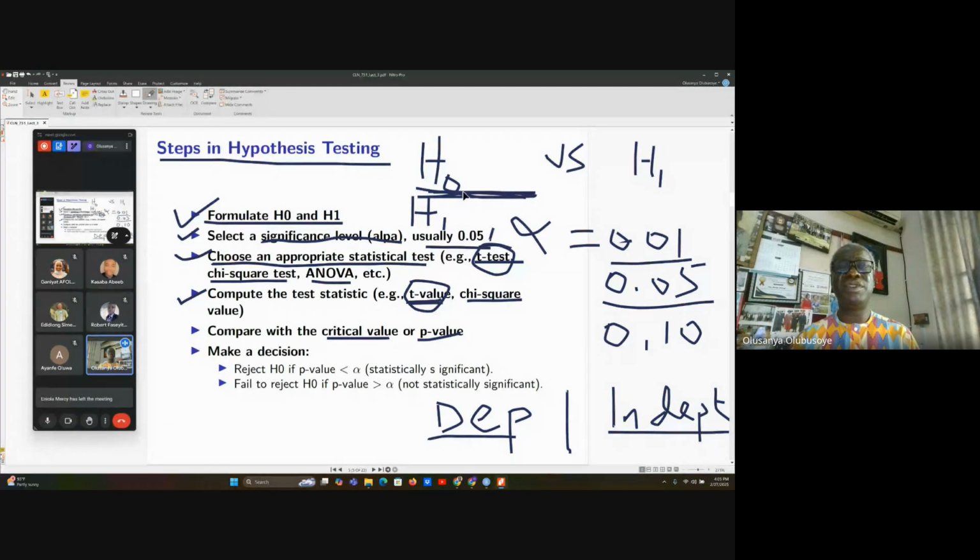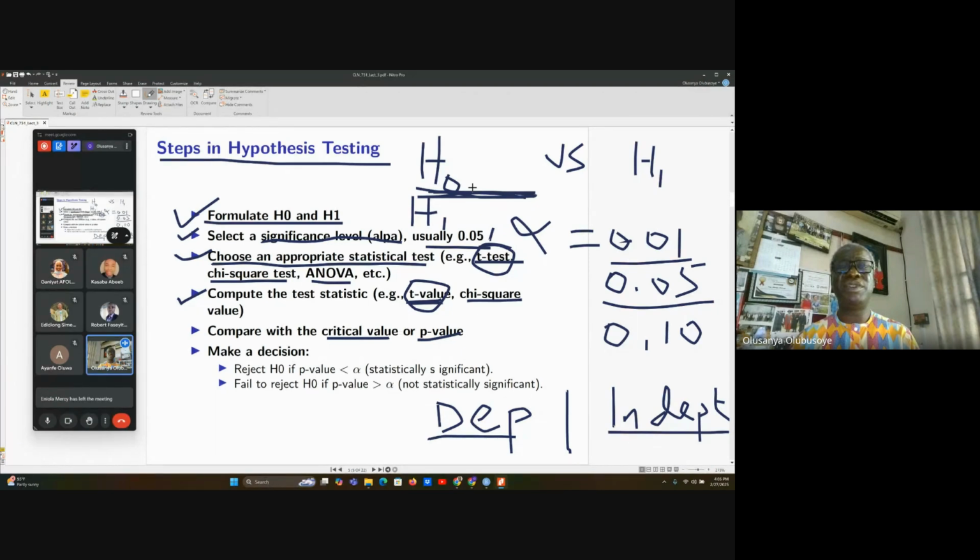For instance, if I reject the null hypothesis, what that means is that I will say the evidence that we have is not strong enough to accept the null hypothesis.